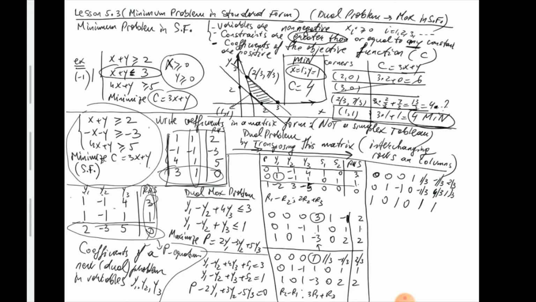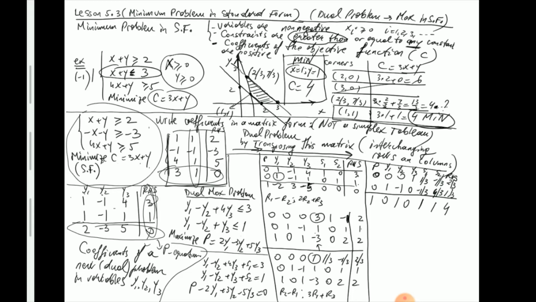And then finally the last piece, 3 times 2/3, that's 2, plus another 2 is 4. Okay. So this is the last tableau, and let's write carefully the variables here. Remember that's P, Y1, Y2, Y3, S1, S2, and the right-hand side.